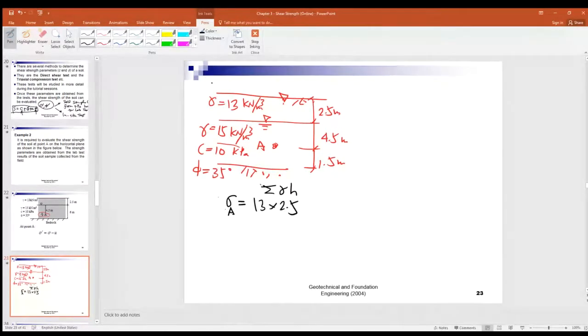So 13 times 2.5 here, and then plus what? 15 times 4.5, right? But that's the total stress, right? You come up to the point here, 2.5, 4.5 meters. So you got the total stress here.